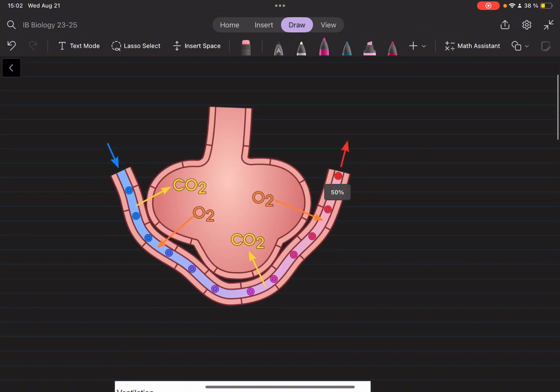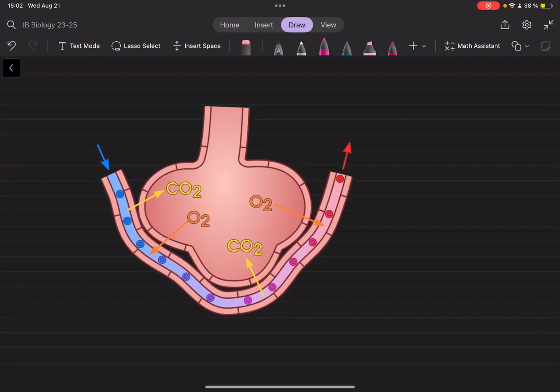Now, within your lungs, you've got the alveoli, which are the site of gas exchange. And the alveoli themselves are adapted to their function. So these adaptations: they have a large surface area to volume ratio. They are permeable, because obviously you want gases to be able to diffuse from the alveoli to the capillaries and vice versa.